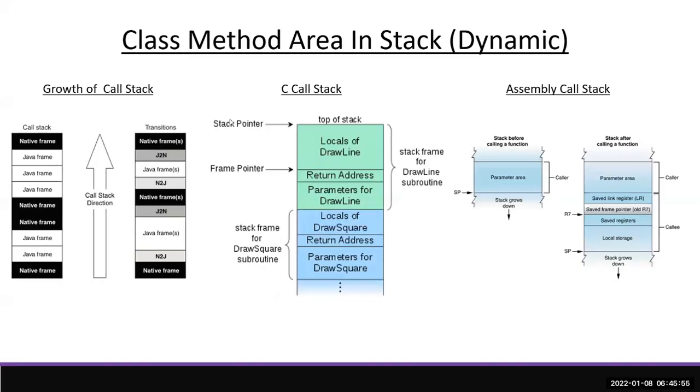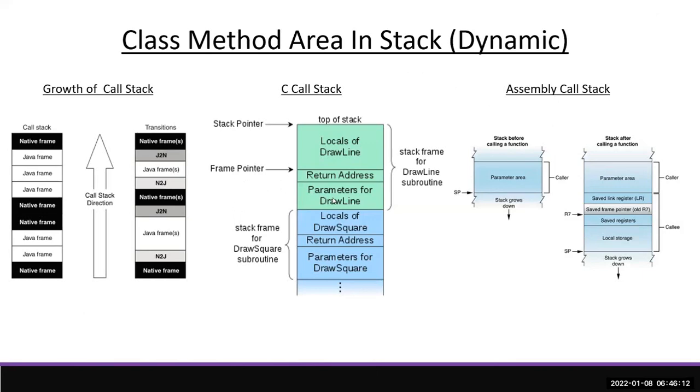Stack layout. When you call a function, you get a call frame, and the call frame exists in your call stack. You store your parameters, return address, and local variables. That's called your call stack.